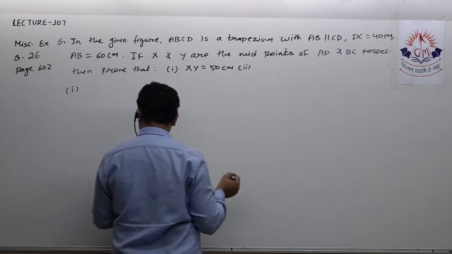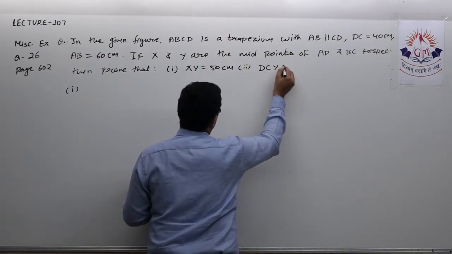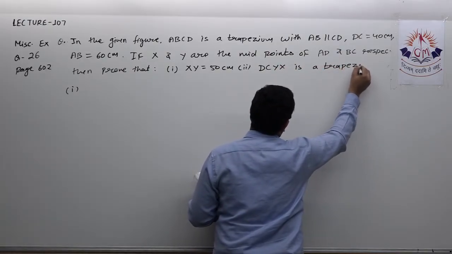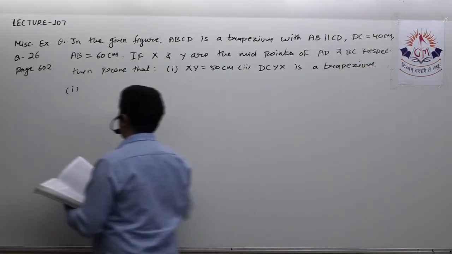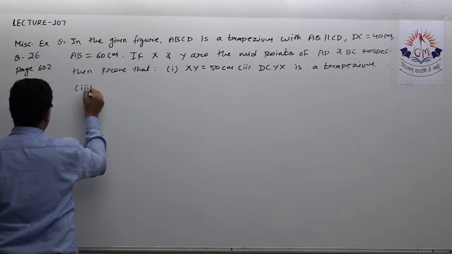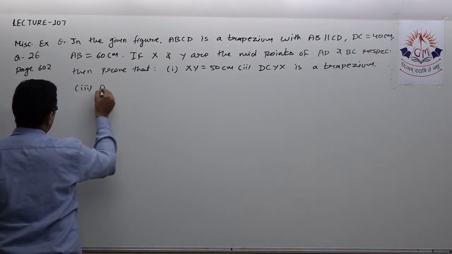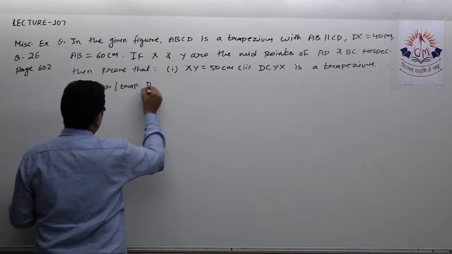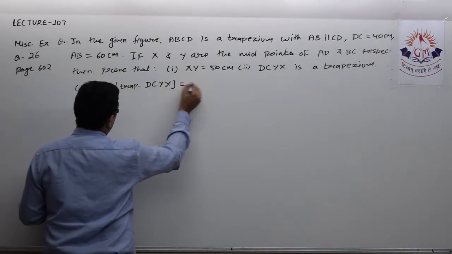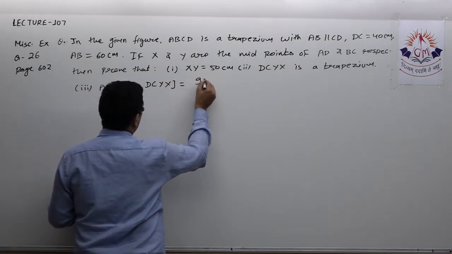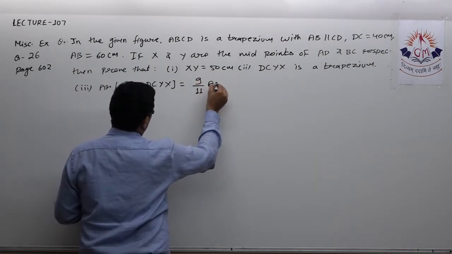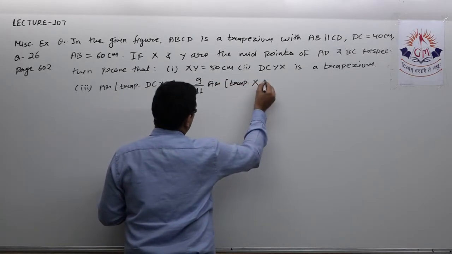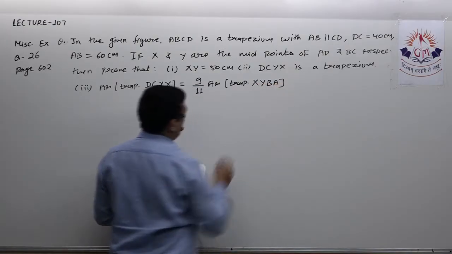Second, DCYX is a trapezium. And third, area of trapezium DCYX is equal to 9 by 11 area of trapezium XYBA. That you have to prove.